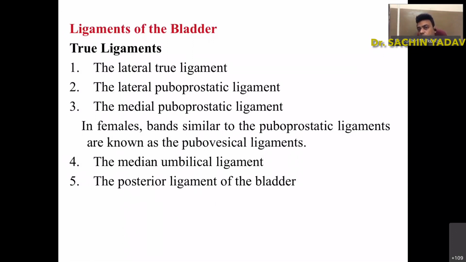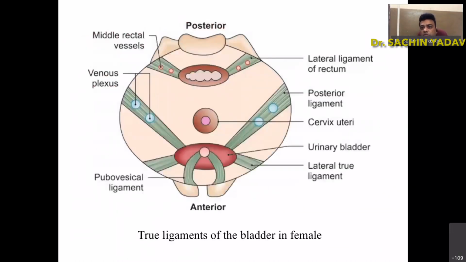The medial puboprostatic ligament. In female, bands similar to the puboprostatic ligament are known as the pubovesical ligament. The median umbilical ligament containing the urachus, we already saw, and the posterior ligament of the bladder attached to the sacral bone. So you can see all these ligaments in here.